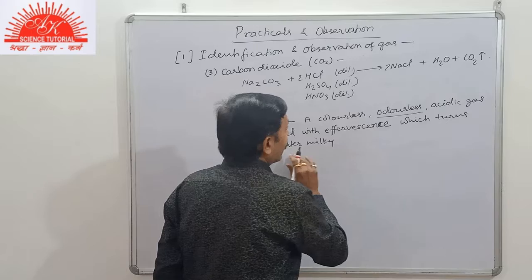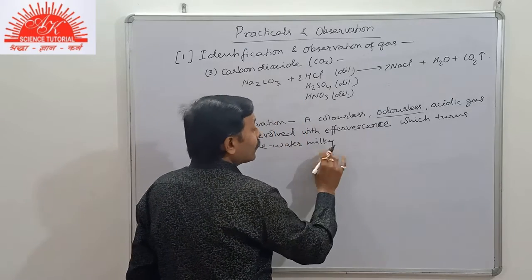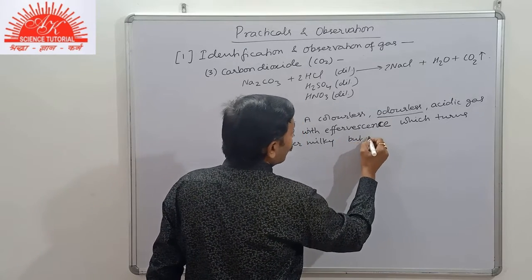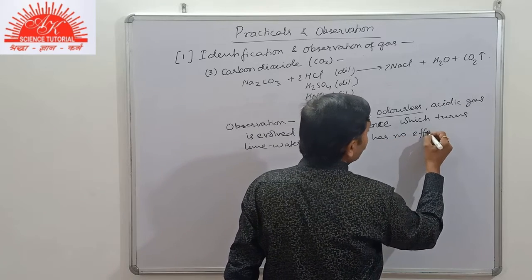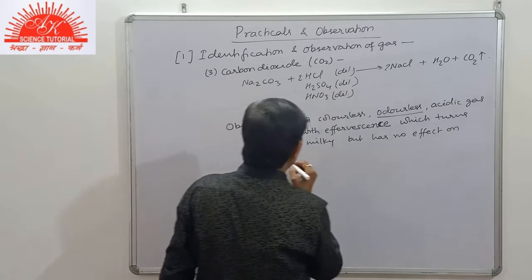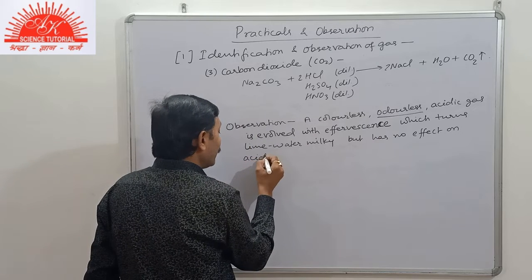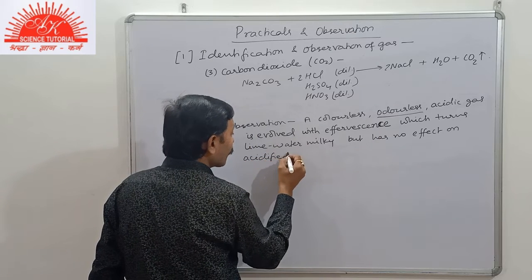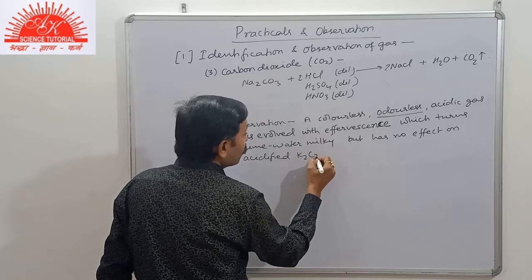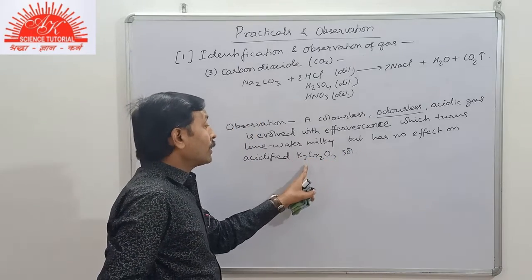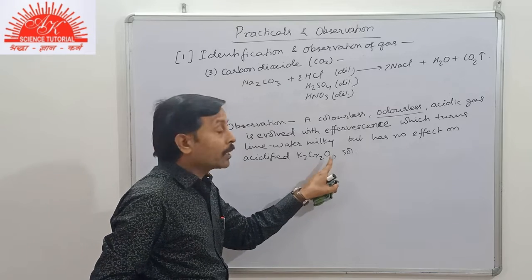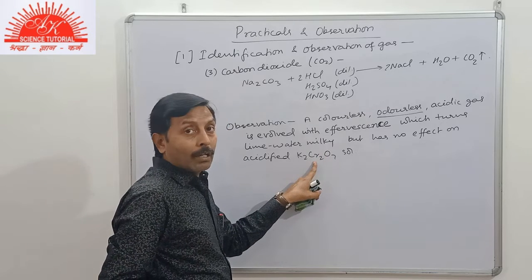Here you can write: turns lime water milky, but has no effect on acidified K2Cr2O7 solution, potassium dichromate solution, which is orange in color.